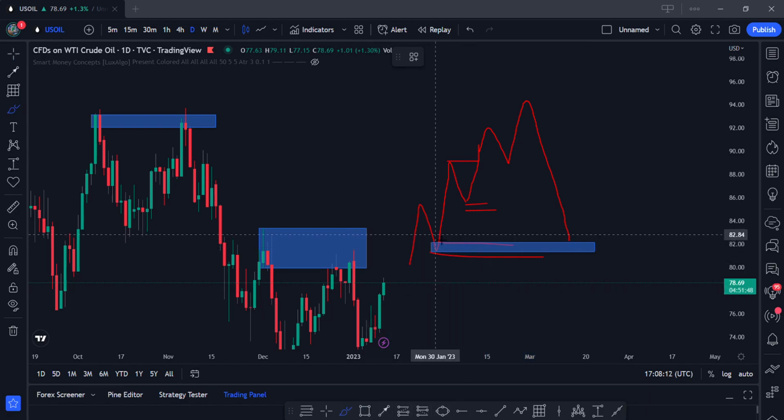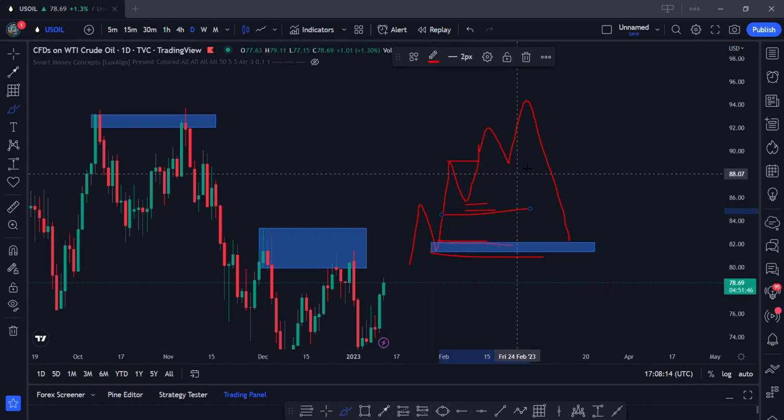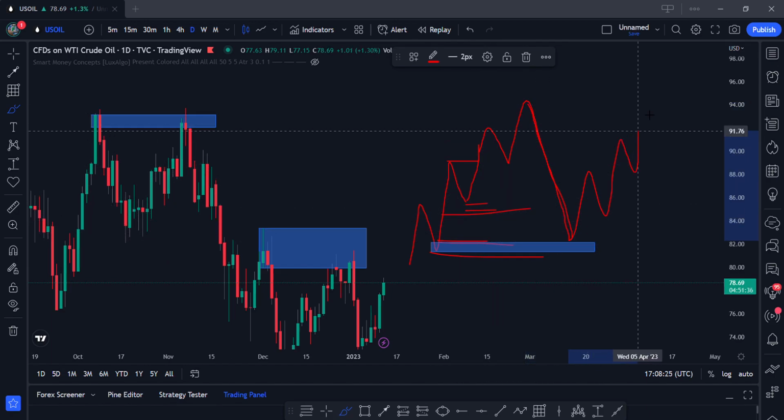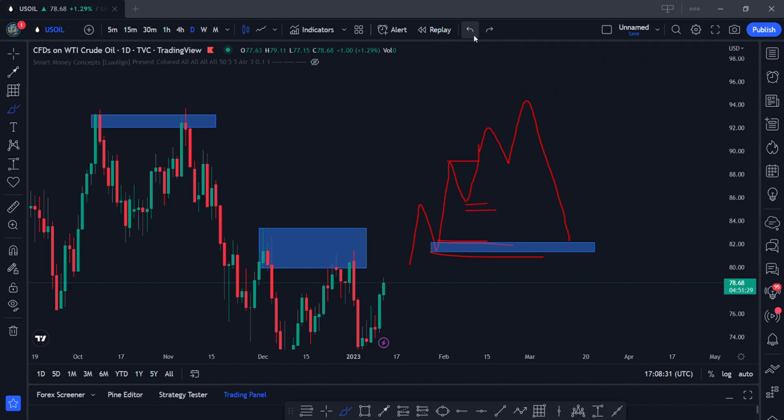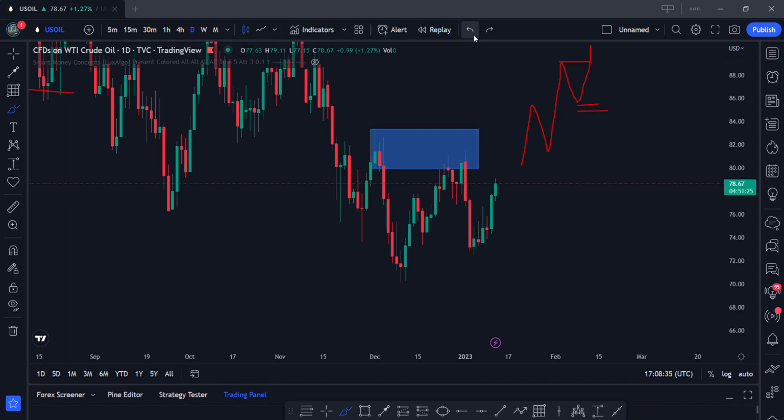Price will come down, liquidate all these orders, stop loss hunt, as we've heard before, and then push upwards. That's how the market works. These are all tricks and tweaks that institutional traders use, because without sellers you can't buy.